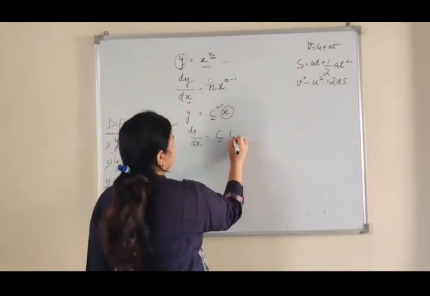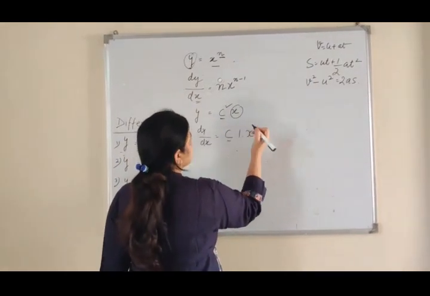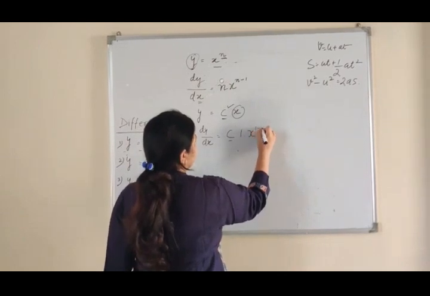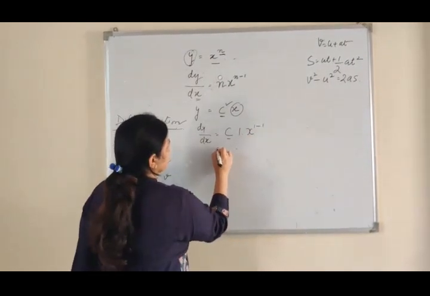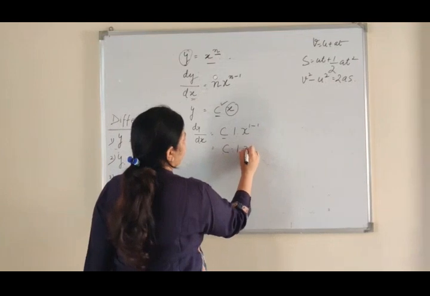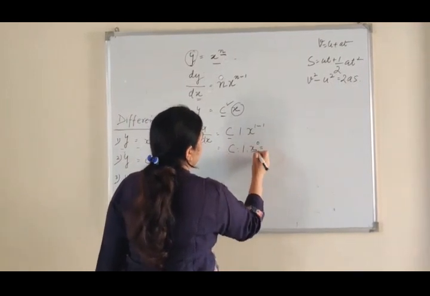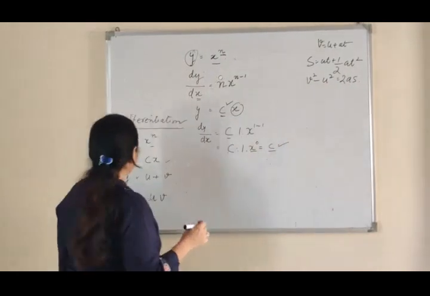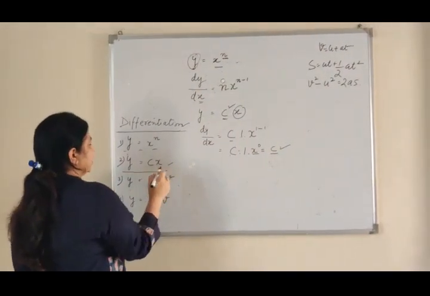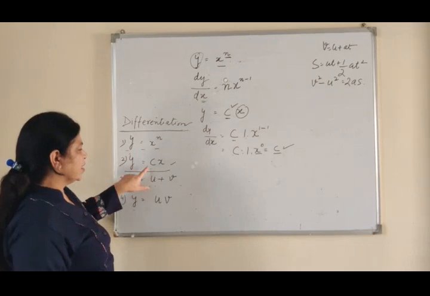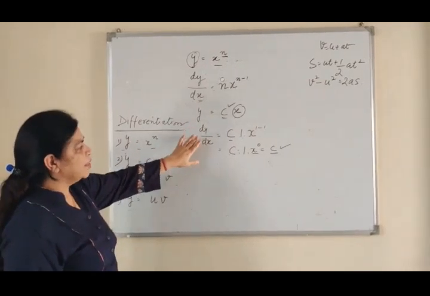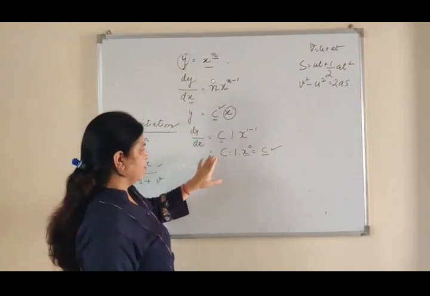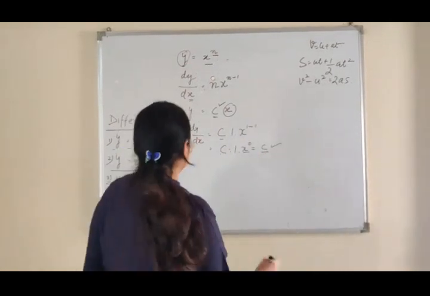So 1 will be in multiplication, then x, reduce the power by 1, it is 1 minus 1. So this is c into 1 into x power 0. X power 0 is 1. So we will have only c. So if we differentiate y is equal to cx, we have dy by dx equal to c only.